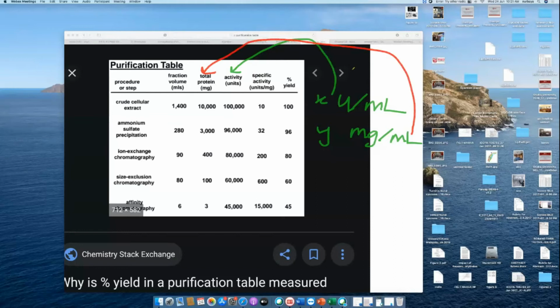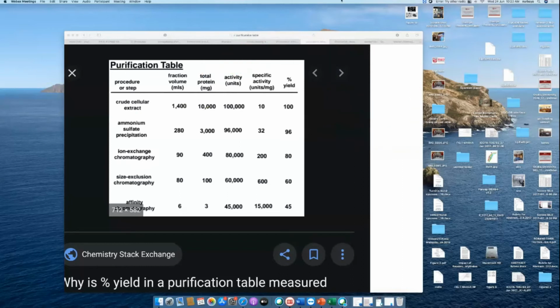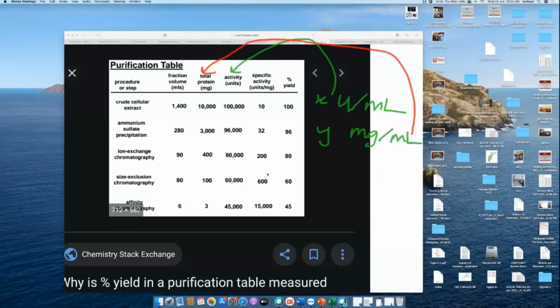Okay, so now, from here, do you know what the unit per ml is based on this purification table?